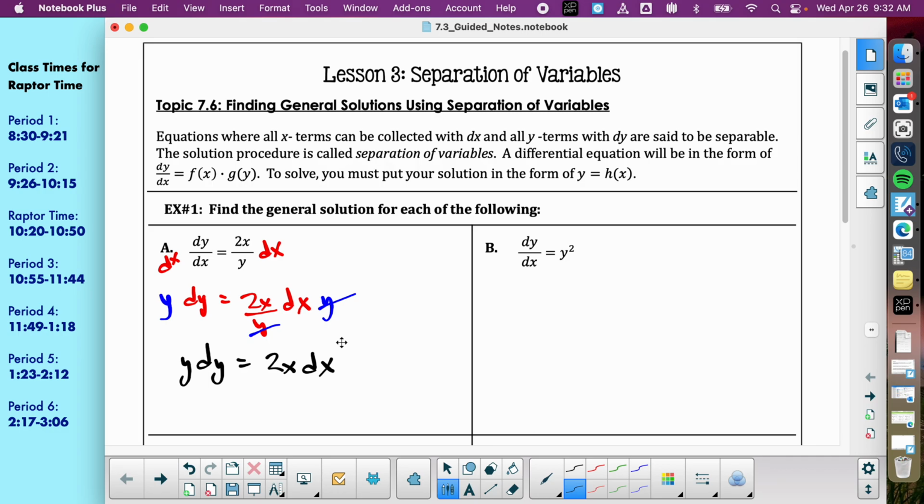Separation of variables is just literally moving the variables so they are on the correct side. Now, one thing you're going to find, this only works with multiplication and division. We're only able to move everything that way.